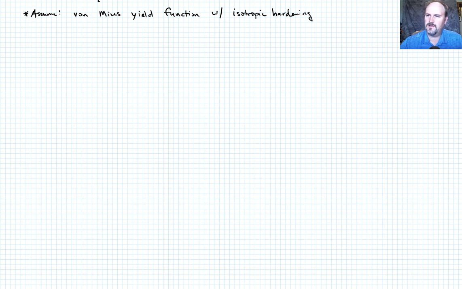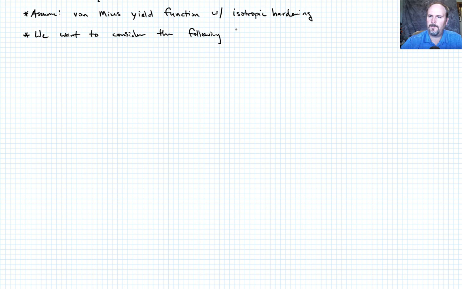Okay, so that gives us the rules that we're going to follow. And what we want to load is, let's just consider what we're going to load to. So let's draw a picture. We want to consider the following loading.